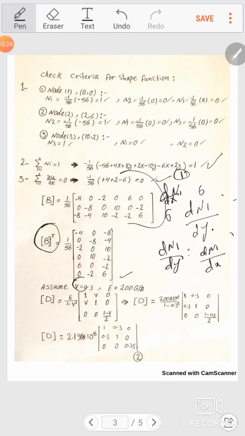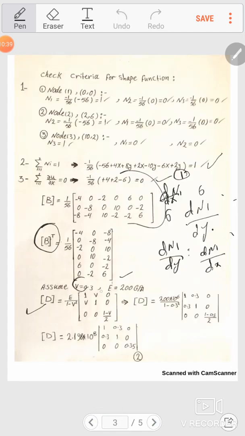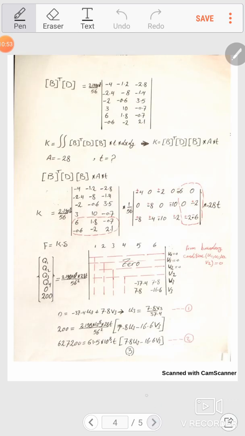Because here it is plane stress, I used the plane stress D matrix and just substitute here. The v is the Poisson ratio. Maybe it's not clear for you because the writing is small. Then go to the next slide.